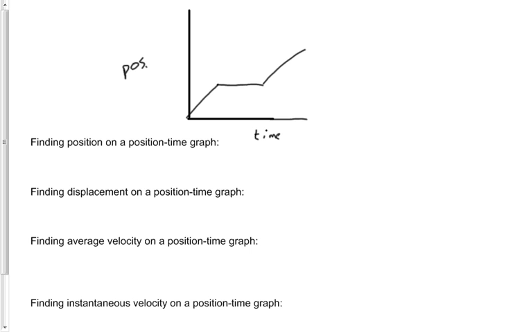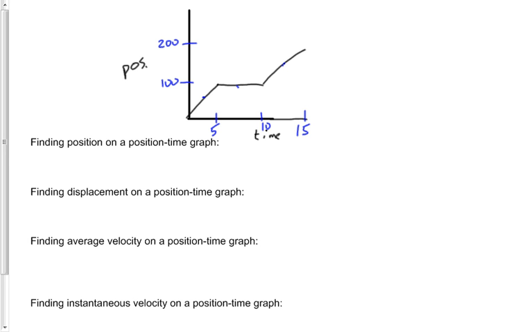Looks like this. So we got three phases going on here, three different stages. The first stage, it's going at a constant velocity. Second stage, it's stopped, and then it's going at a constant velocity again. We're going to make the time here 5 seconds, 10 seconds, 15 seconds. And we're going to make this 100 meters, and we're going to make this 200 meters.